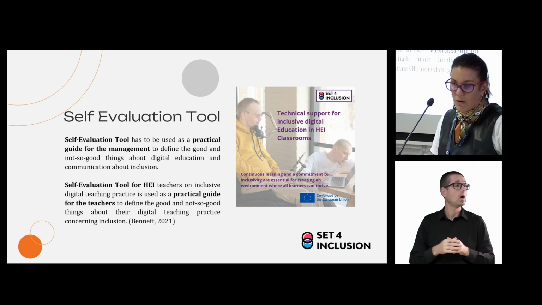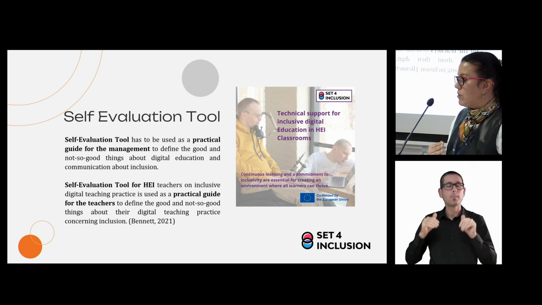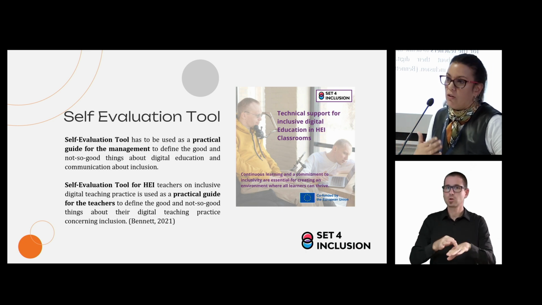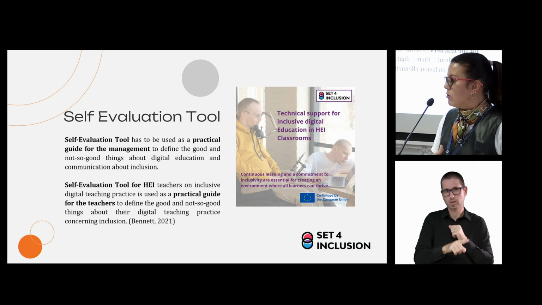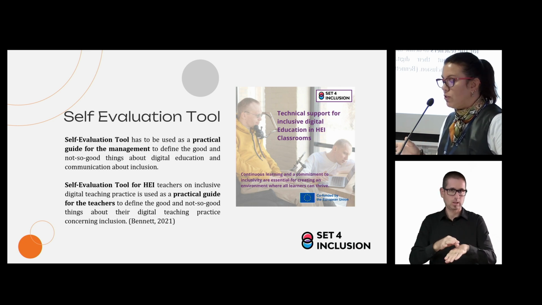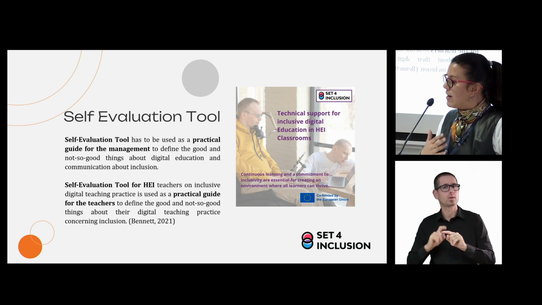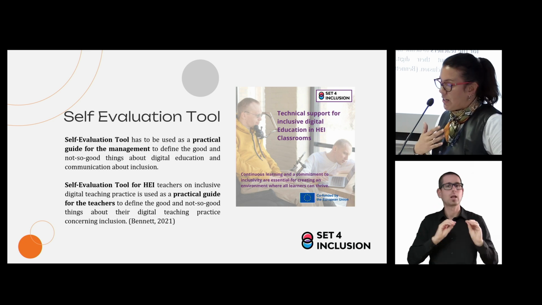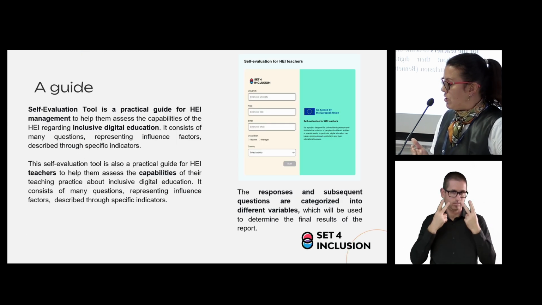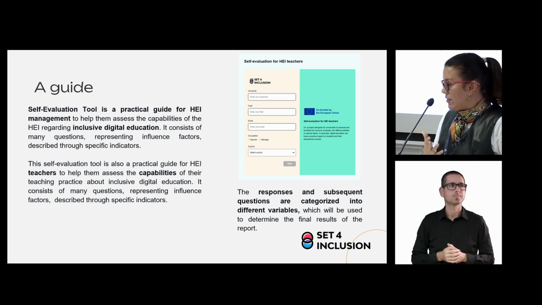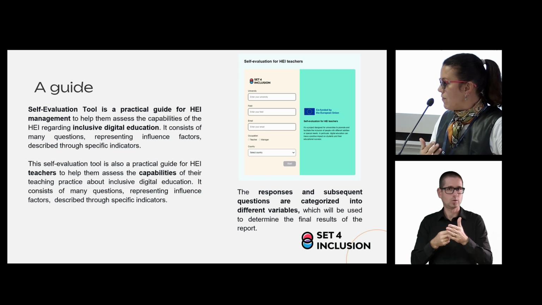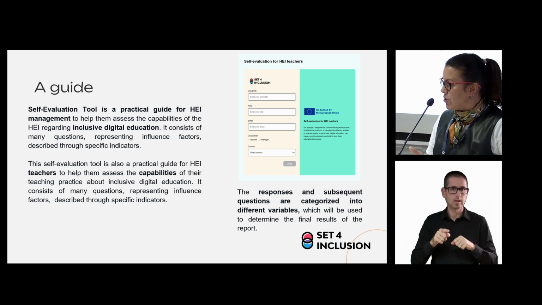So the self-evaluation tool has to be used as a practical guide, on one hand for management, also, of course, for students, but on the other hand, for teachers. So it's a practical guide to define the good or not so good things about their digital teaching or management in the institution in practice concerning inclusion. As a guide, it helps assess the capabilities of the HEI regarding inclusive digital education.